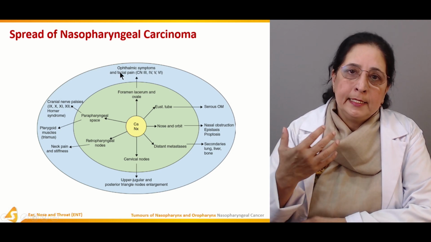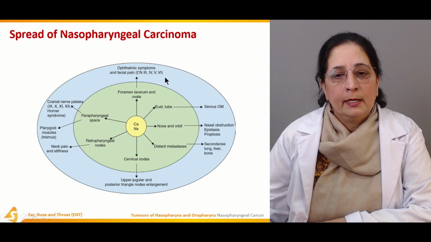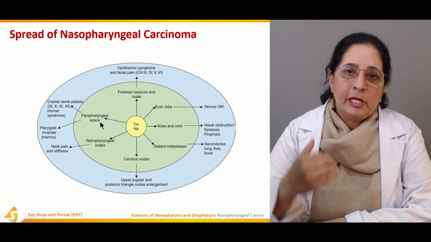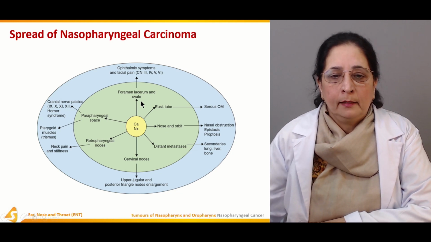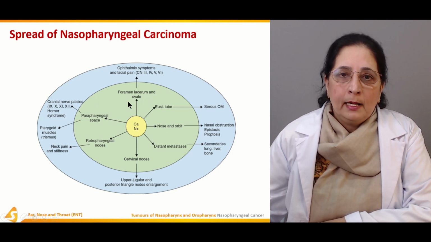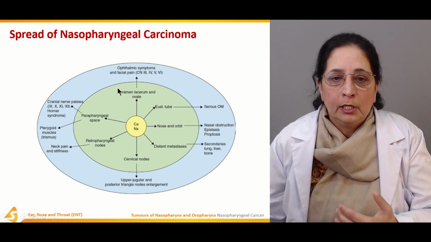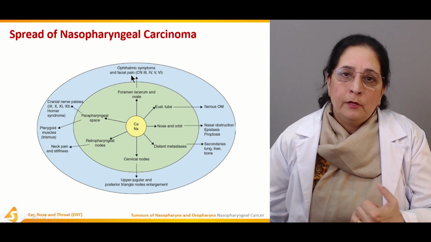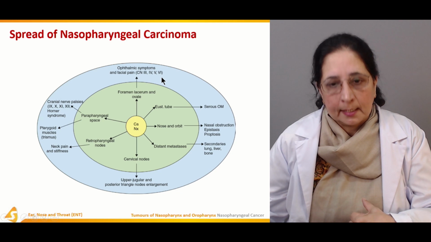Ophthalmic means the eye symptoms, which include the involvement of cranial nerves 3, 4, 5, and 6. So this extension of the carcinoma to the foramen lacerum and ovale causes the ophthalmic features and facial pain, and involvement of cranial nerves 3, 4, 5, and 6.